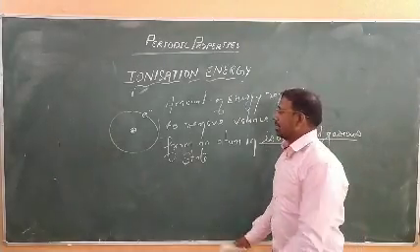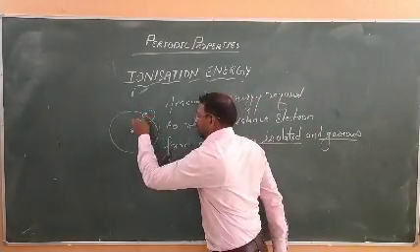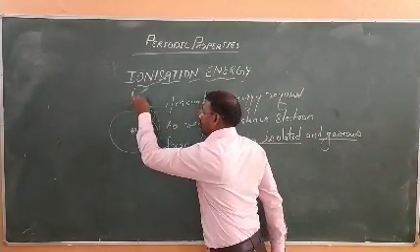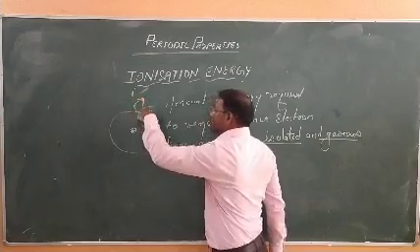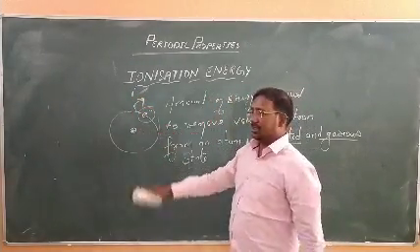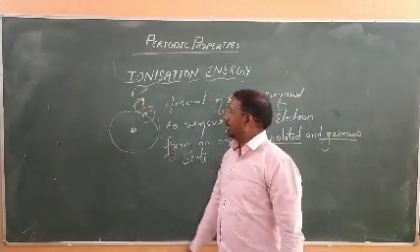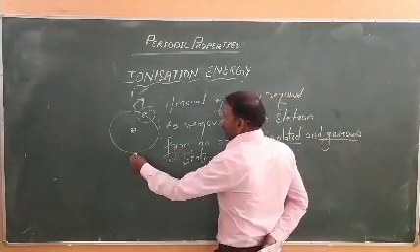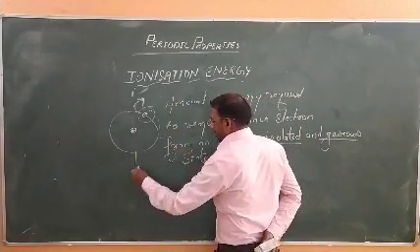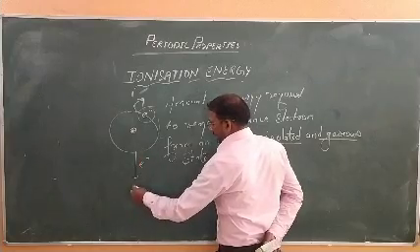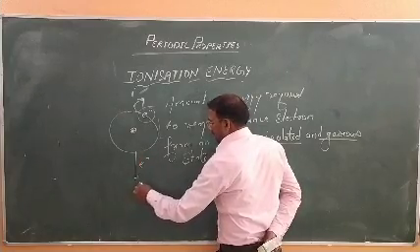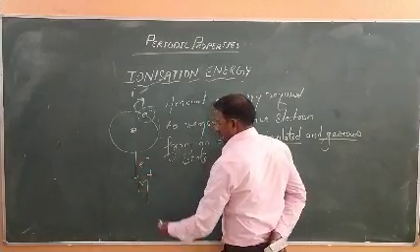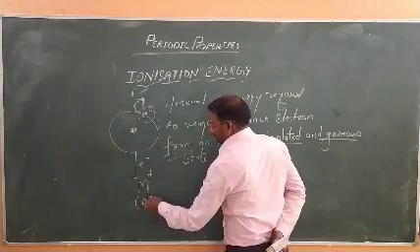Suppose this is a valence electron, and whatever energy we require to remove the electron from this atom is called ionization energy. And whenever you remove an electron from an atom, it will carry positive charge, in what form?